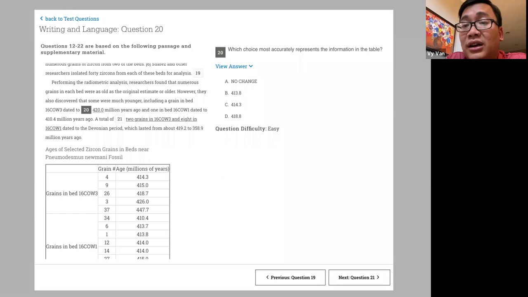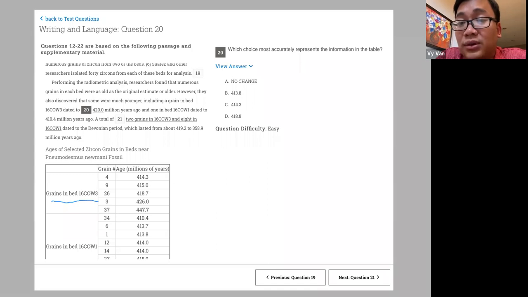However, they also discovered that some were much younger, including a grain in bed 16 COW3 dated to something million years ago. So grains in bed 16 COW3. Just look at the years.